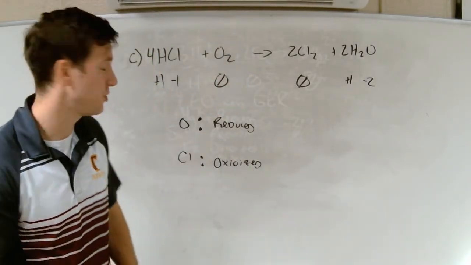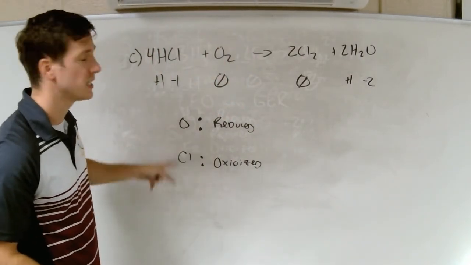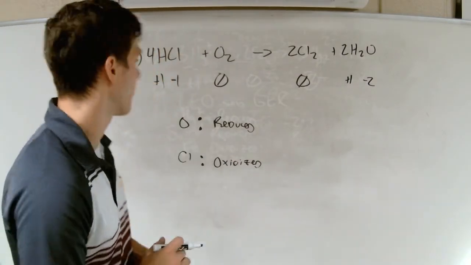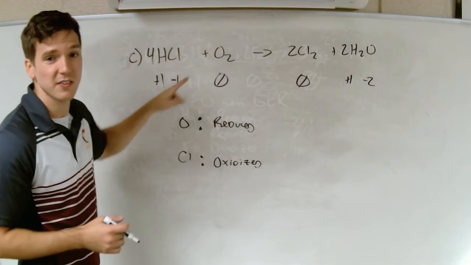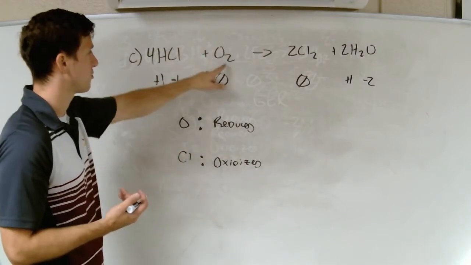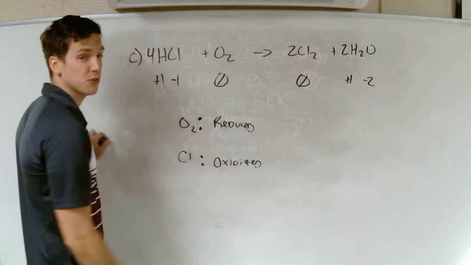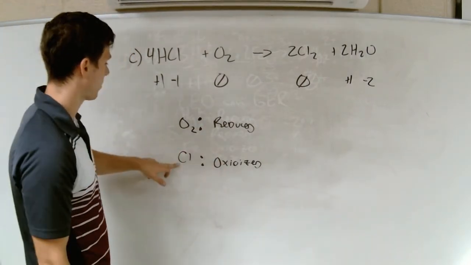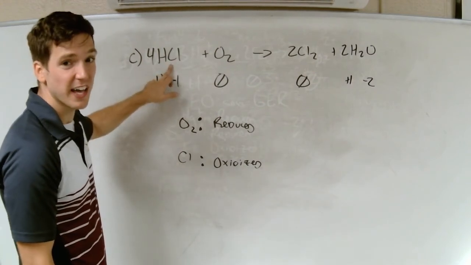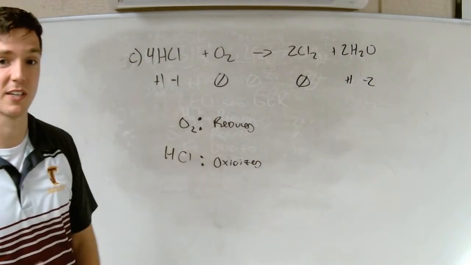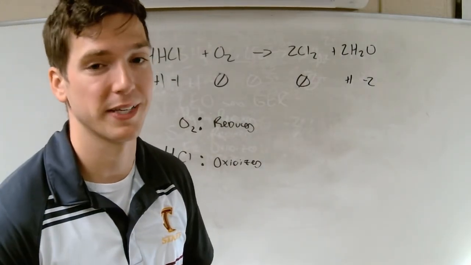In this case, I've seen it both ways. So you could just put the individual element, okay? But I've also seen on AP test questions where people just include where the compound came from originally. So oxygen was reduced, right? Well, it originally came from O2, so they'll put O2 there. In this case, chlorine originally came from HCl, okay? So they'll put HCl as being oxidized because that's where the chlorine came from originally.